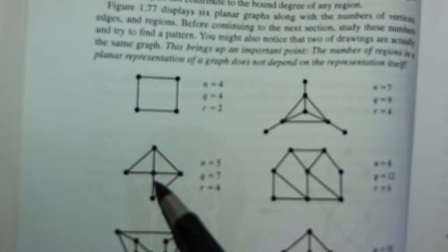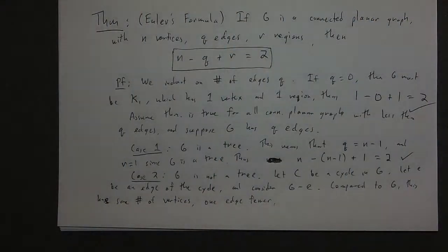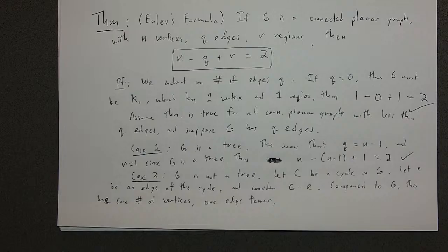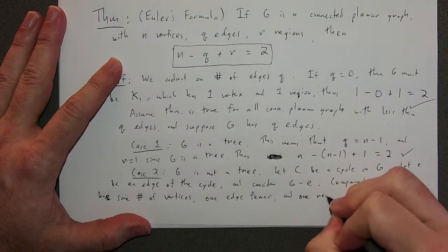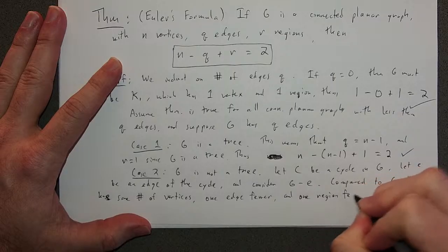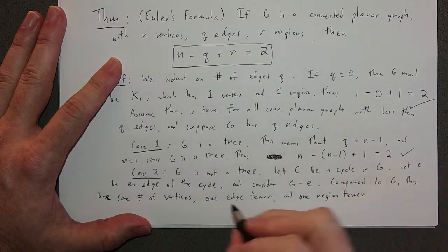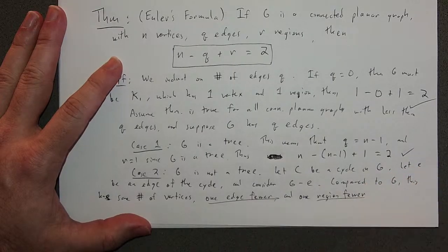But when I remove an edge of a cycle, it's no longer a cycle, which means it doesn't bound a region. And so this has one edge fewer and also one region fewer. This is the key. This is the reason why I did this. It's got one edge fewer and one region fewer.